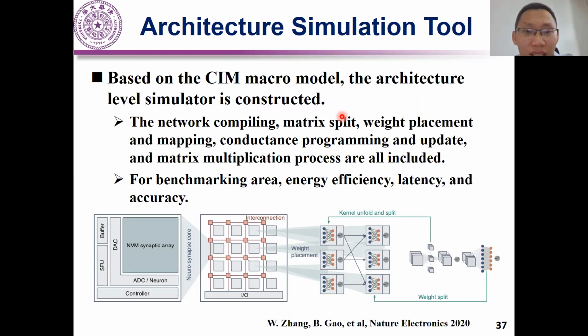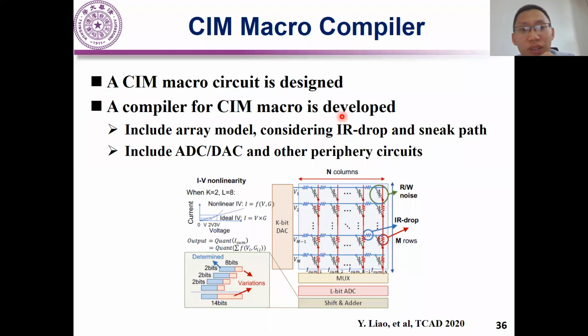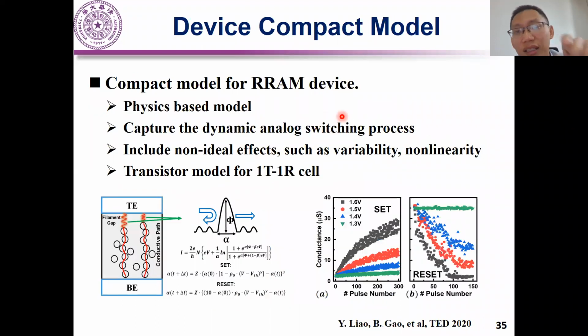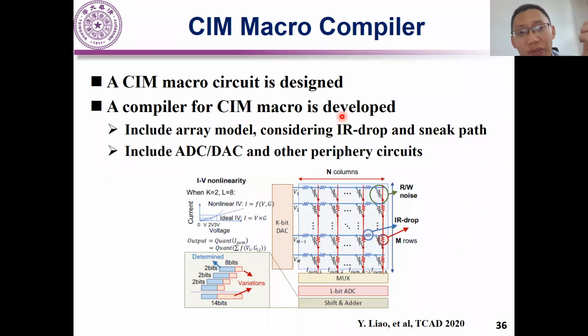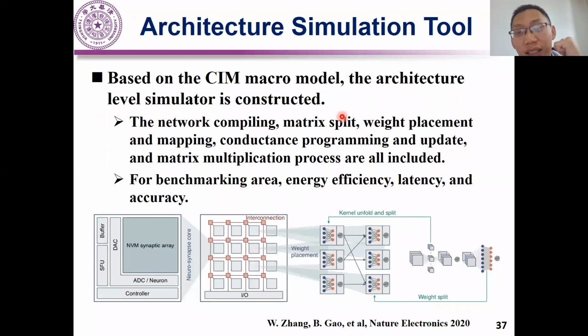Here, we will share our device compact model. Using this model, you can do device level simulation, and we will also share our micro compiler and the end-to-end simulator.